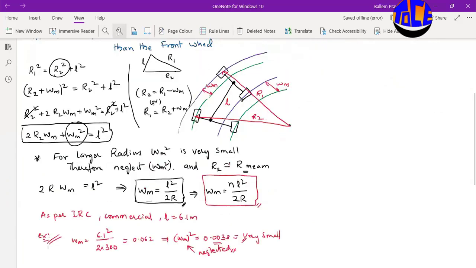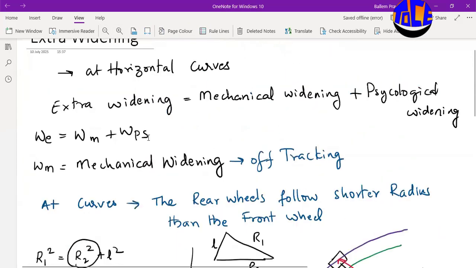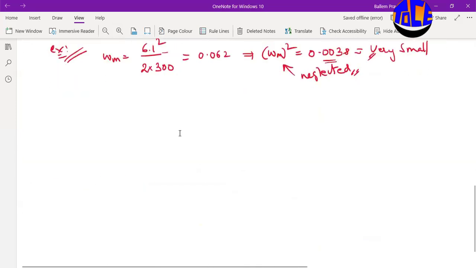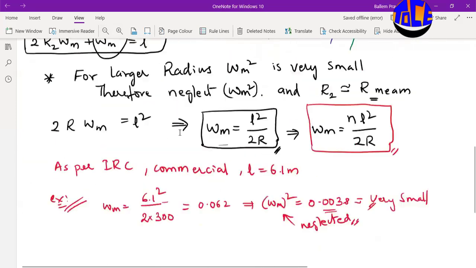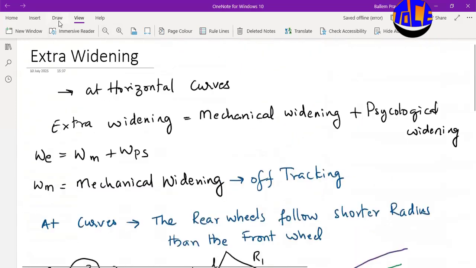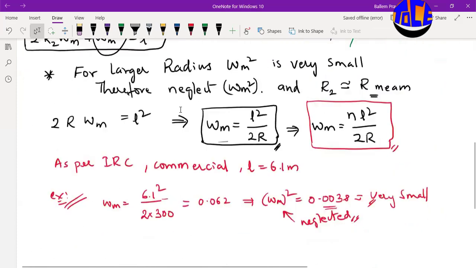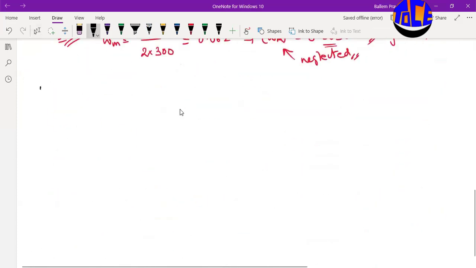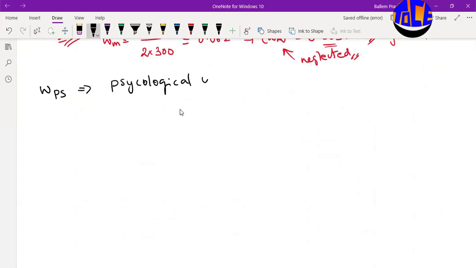Now let us see how we can calculate the psychological widening, WPS. This psychological widening is provided because of the psychological reason of the driver. What happens at horizontal curves?